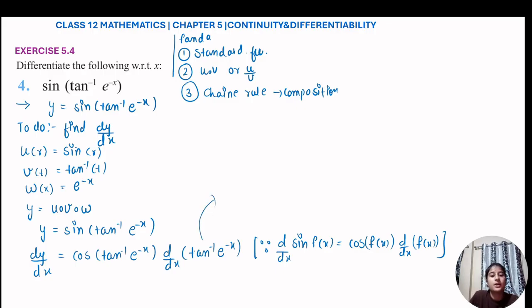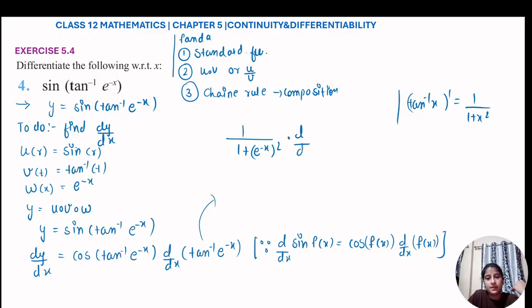Here also you will differentiate the outer function, with the argument as it is. So we know that the derivative of tan inverse of x is nothing but 1 upon 1 plus x square. So I will use it. So this will be 1 upon 1 plus e raised to minus x whole square, because here our argument is e raised to minus x. Now differentiate the inner argument.